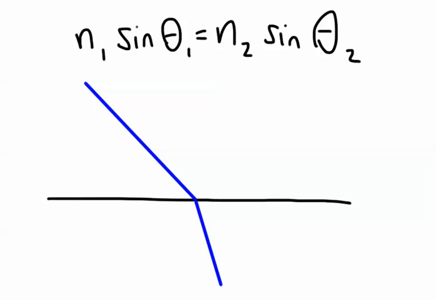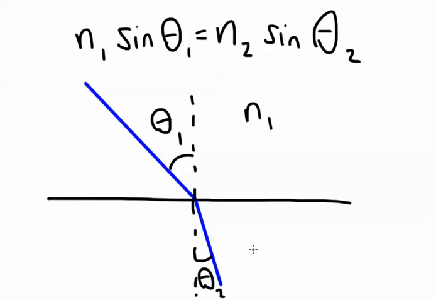In this picture I have it refracting toward the normal. So this is theta 1, and this angle is theta 2. And this medium has an index of refraction n1, and this medium has n2. Then this equation just relates the two angles and the two indexes of refraction.